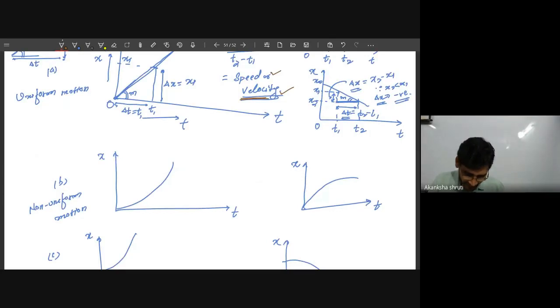In the second part, the curve is not continuously rising, but later on it is even going downward. I mean, the further increase in position is reduced.